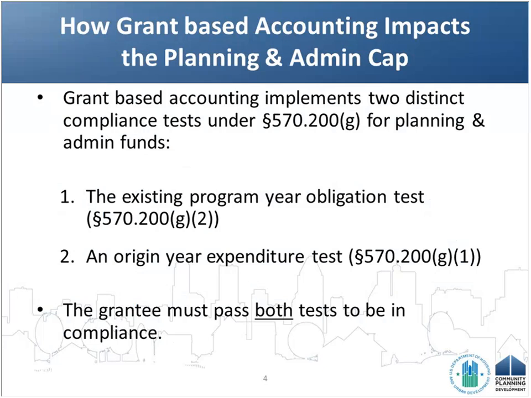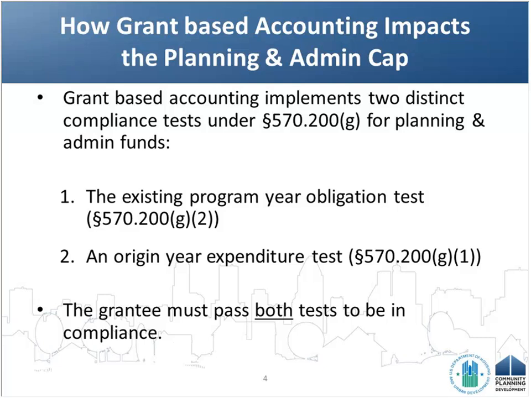570.200(g)(2). It states that no more than 20% of the entitlement grant made for that grant year plus program income received by the grantee and its recipients during that program year may be obligated for planning and admin costs.